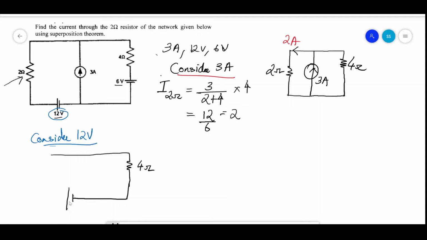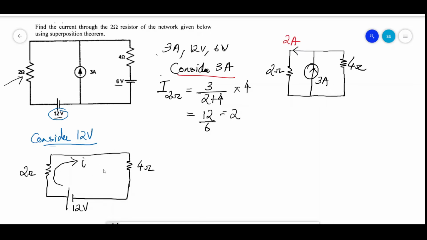This is my 12 volt source and this is my 2 ohm resistor. The current will go in the clockwise direction due to this 12 volt source. The total current will be 12 divided by 2 plus 4, because 2 and 4 are in series.